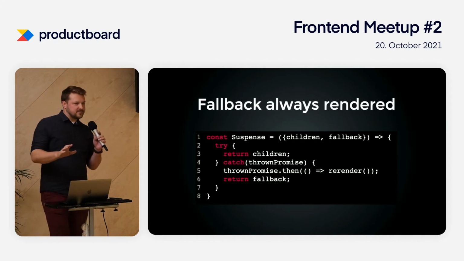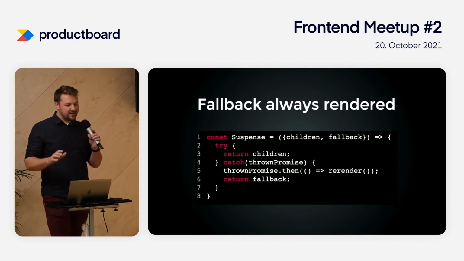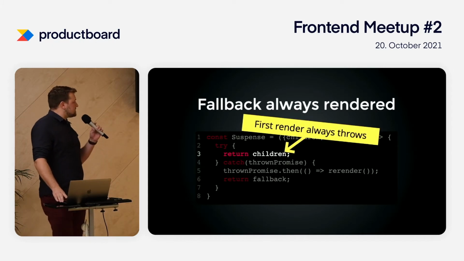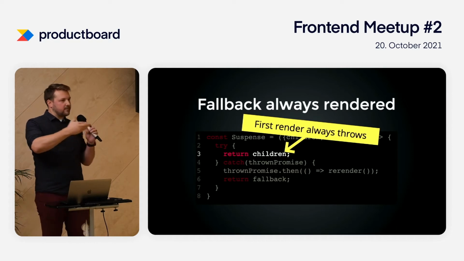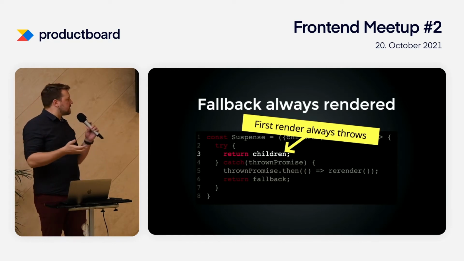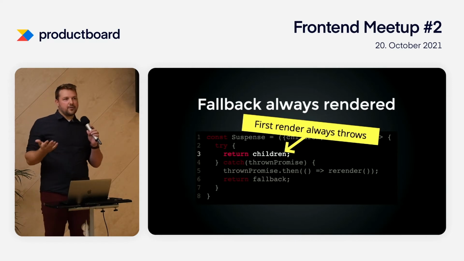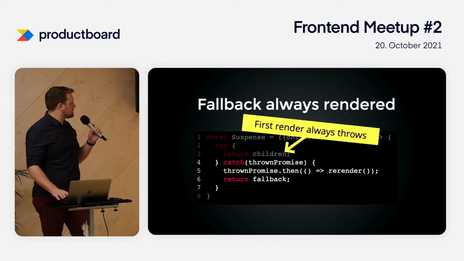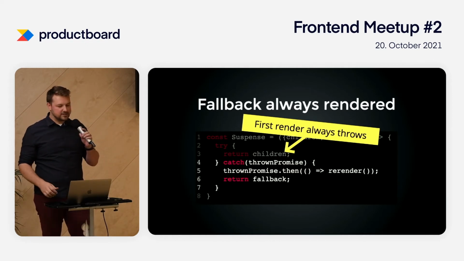All right, so what does it mean in our case? The fallback was always rendered. It means that the first render of the React Lazy component always threw an error, so it always goes into this catch branch.